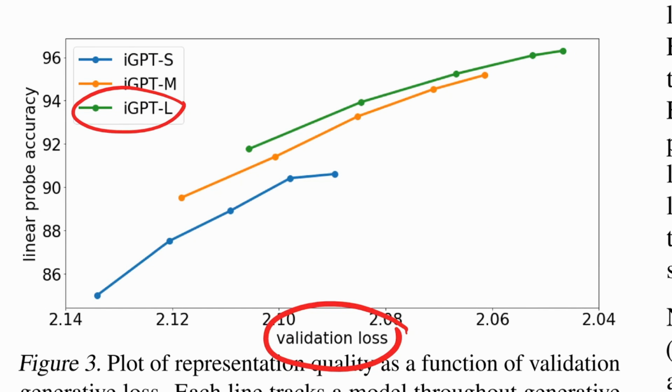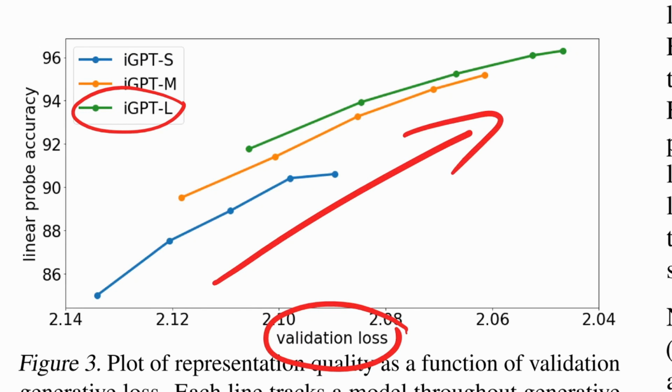Also, you can see on this axis the linear probe accuracy. So this is whenever you go and find the best intermediate layer for linear probing, you probe it and you record the accuracy. So you can see a general trend: as your validation loss goes down, the linear probe accuracy goes up. So there is a connection, like it is in text models.